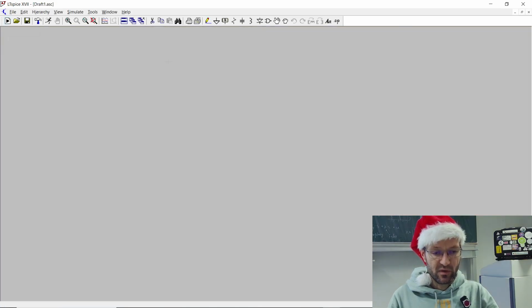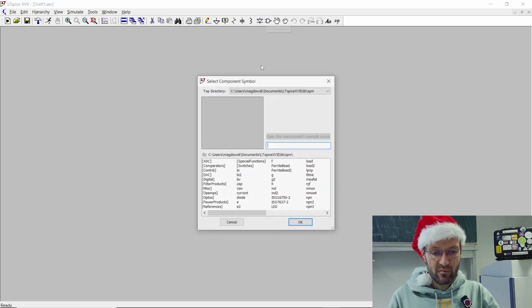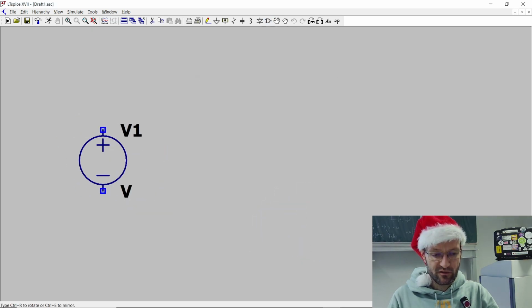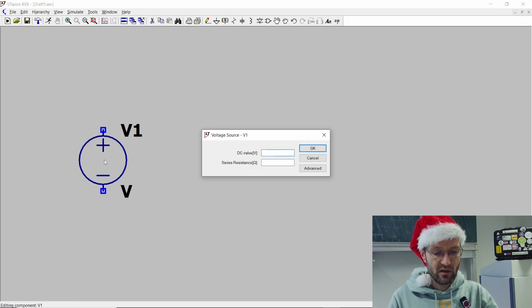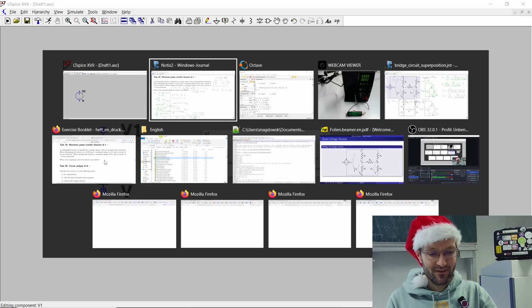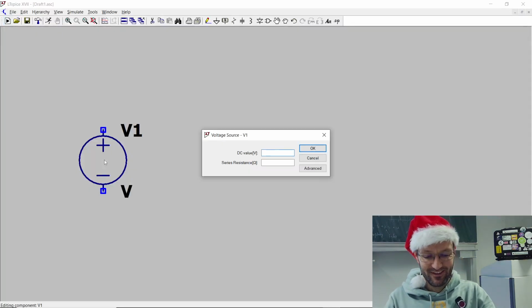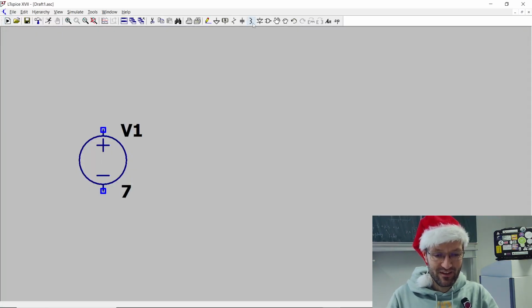And in LTspice, I could now open up a new schematic and try to draw the circuit. So remember, the voltage source could be found here under components, and there is voltage, and I will place the voltage here, and the value of the voltage source was 7. So we give it 7 volt.